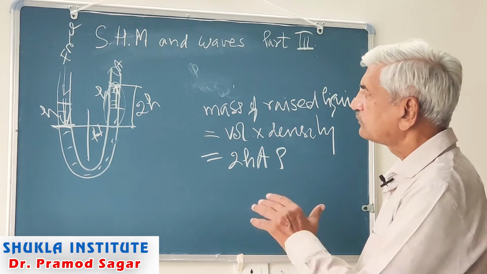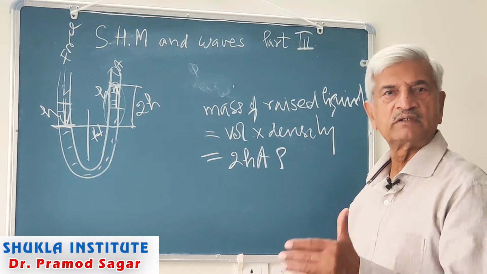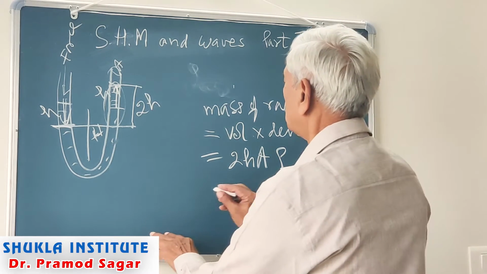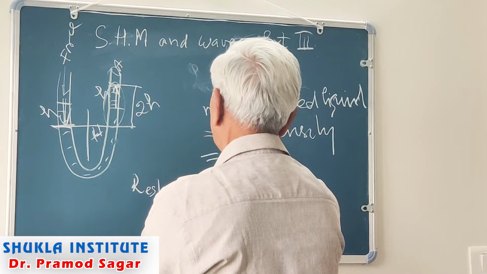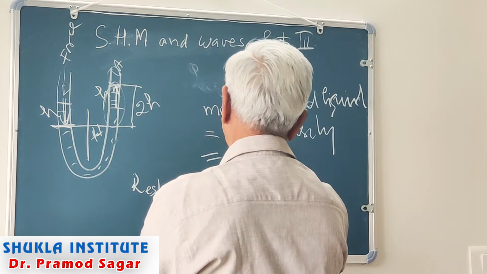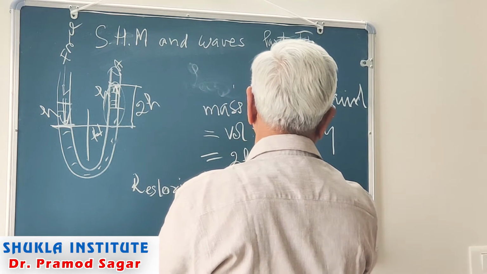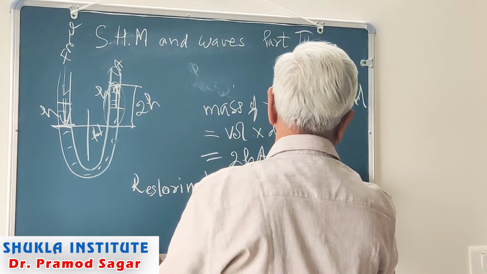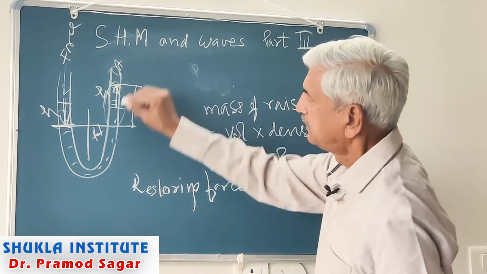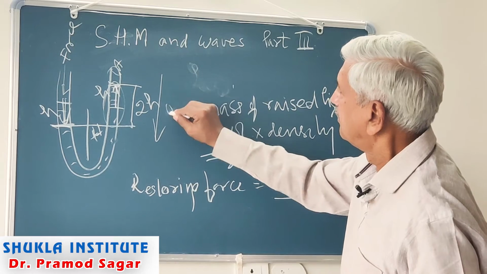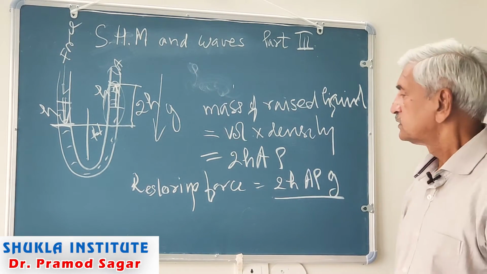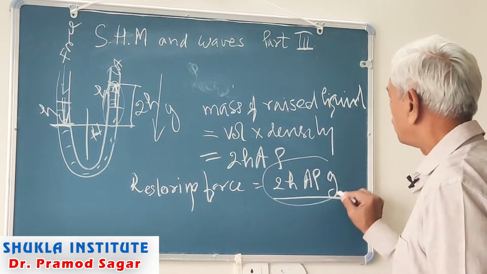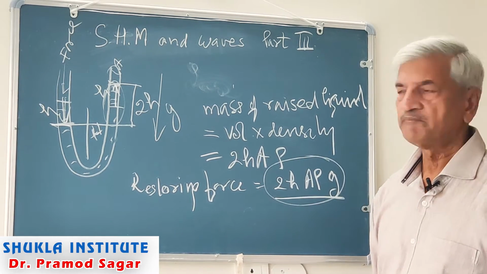This is the mass of the liquid which will be moving the entire liquid. So the restoring force is this mass times g, the acceleration due to gravity acting downward. So this is the restoring force for the liquid.